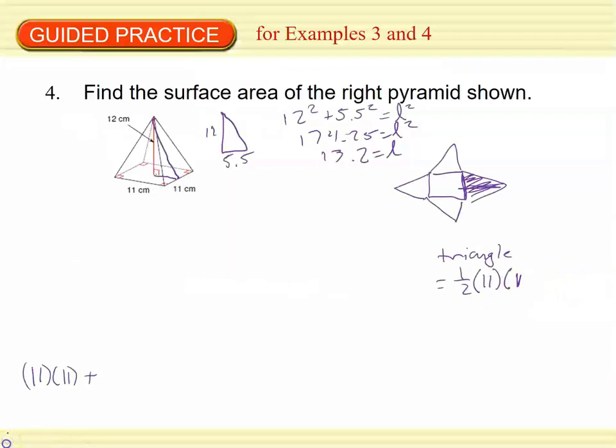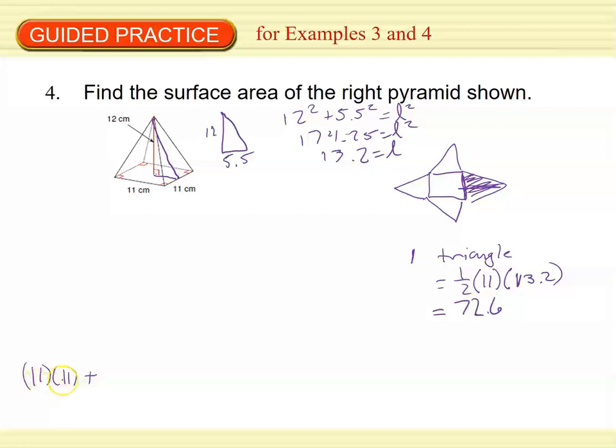Oh, sorry guys. 13.2. All right, so one triangle is 0.5 times, or a half. 0.5 is the same thing as a half. So a half times 11 times 13.2. One triangle is 72.6.